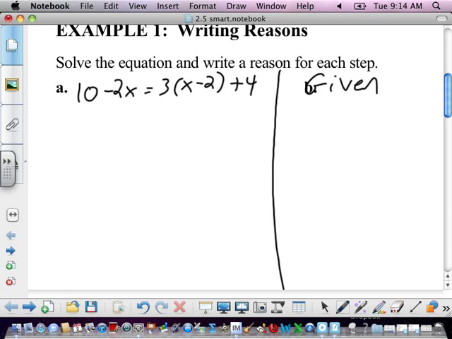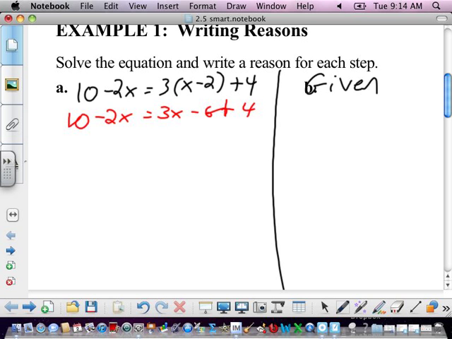Okay. Who wants to tell me what is the first step for A? What am I going to do first? Yes, Derek. We're just going to multiply. Yeah, multiply that 3. We call that the distributive property. So I get 10 minus 2x equals 3x minus 6 plus 4.